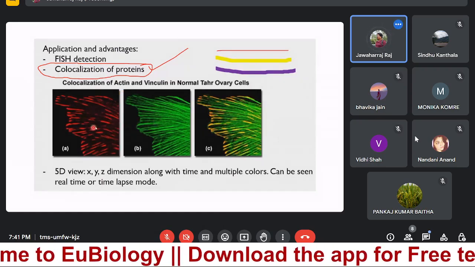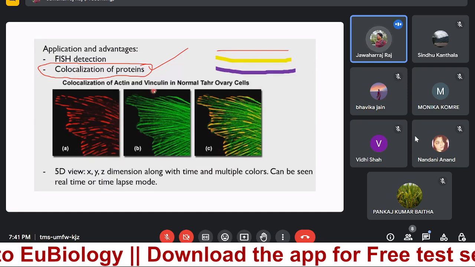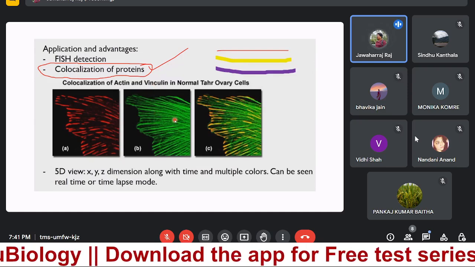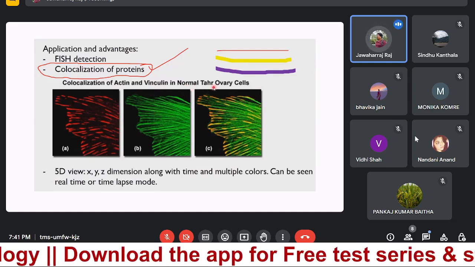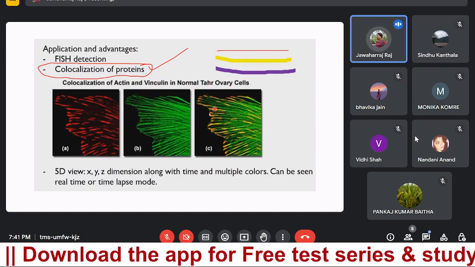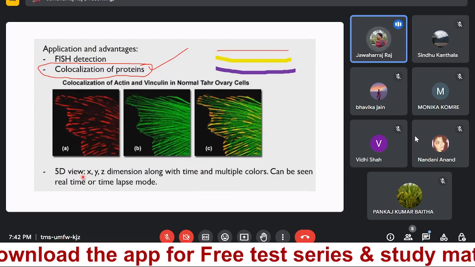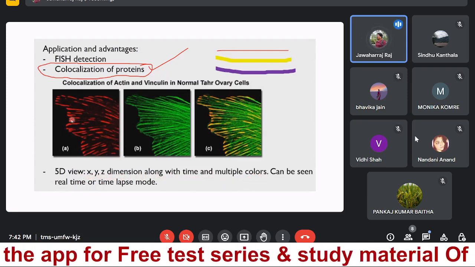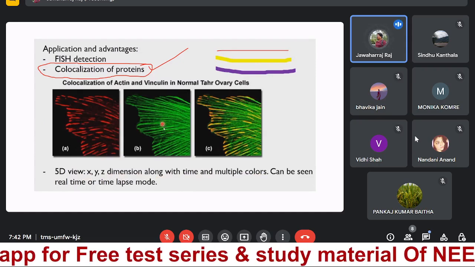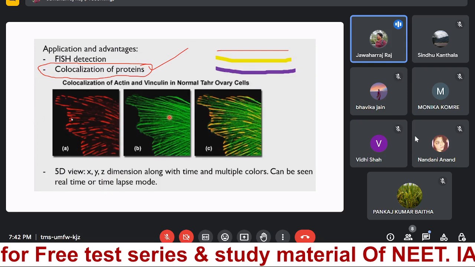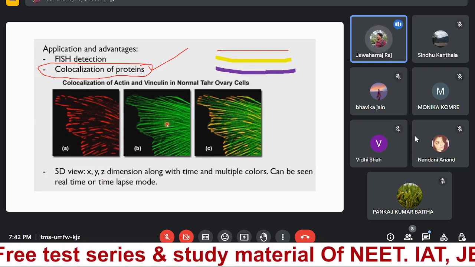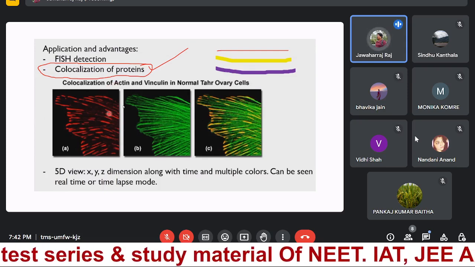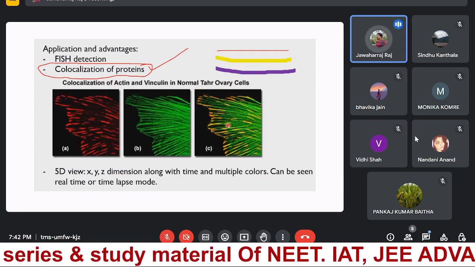Here one has red color, one has green color, and these have some different color. When you see this in xyz dimensions along with time, multiple colors can be seen. Everything is in one image only. This is one image, but you can see three different colors in it: actin, vinculin, and ovarian cells.